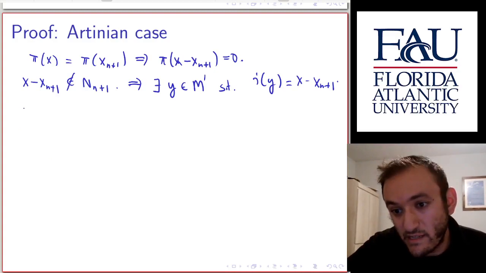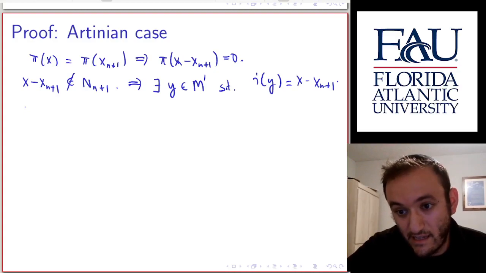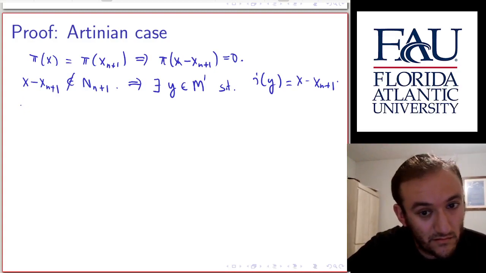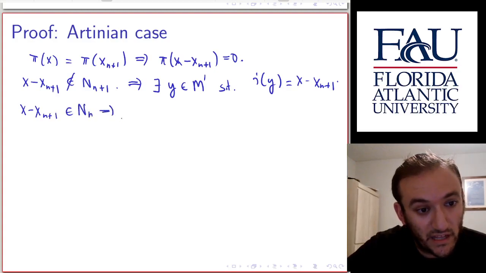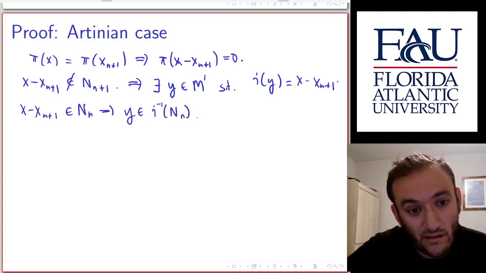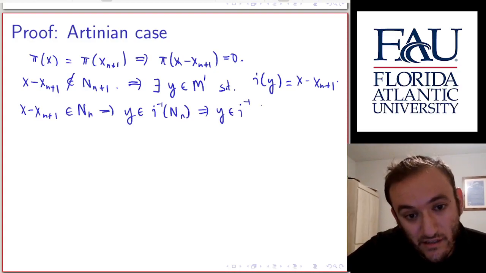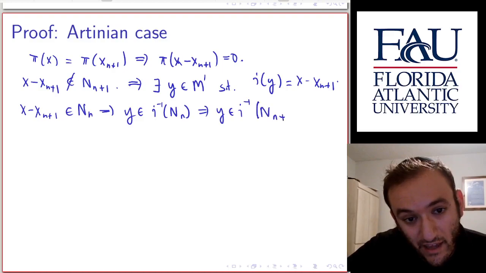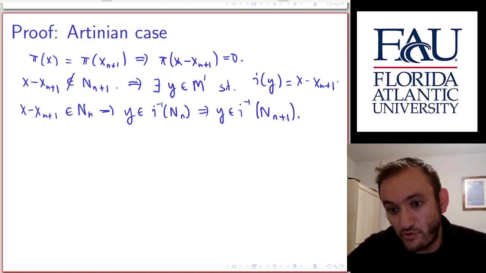And since x minus x_{n+1} is in n_n, this implies that y is in i inverse of n_n, which means that y is in i inverse of n_{n+1}, which is a contradiction.